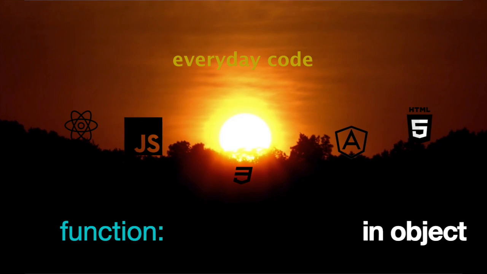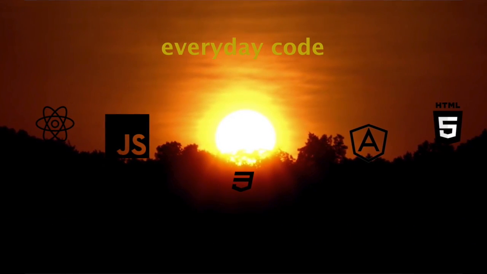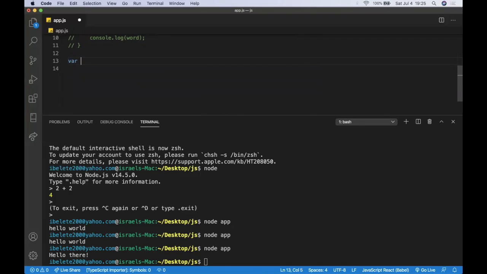Sometimes functions are called methods as well. Okay, let's say var person equal to, we're going to learn this maybe next week about objects. So all you have to do is var person equal to and open a bracket. That is telling us that we're creating an object, okay?